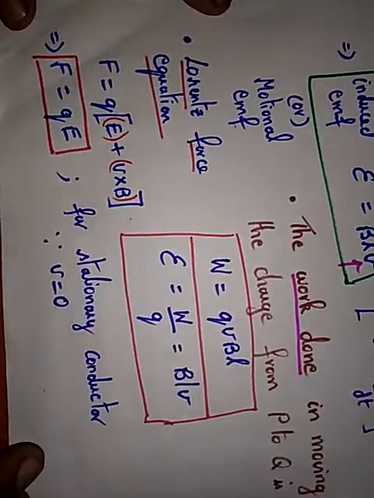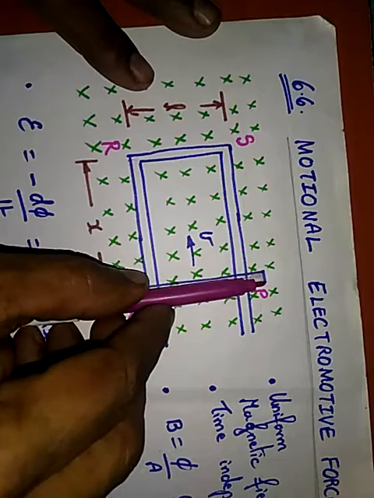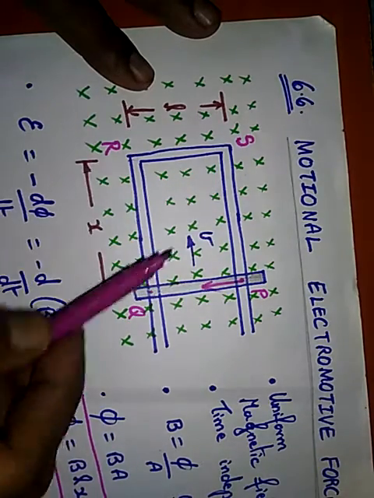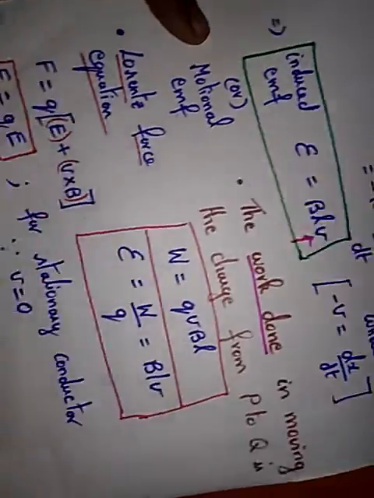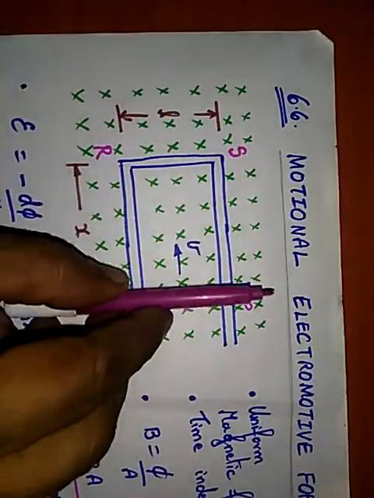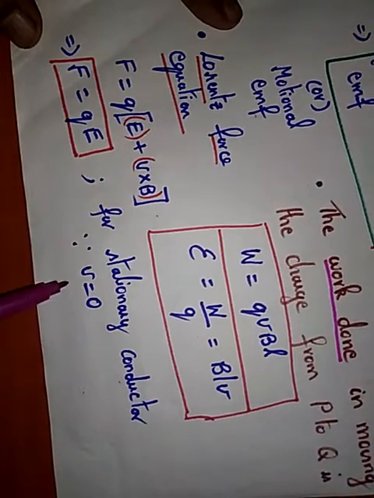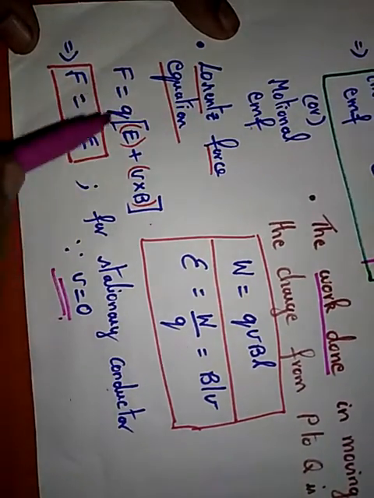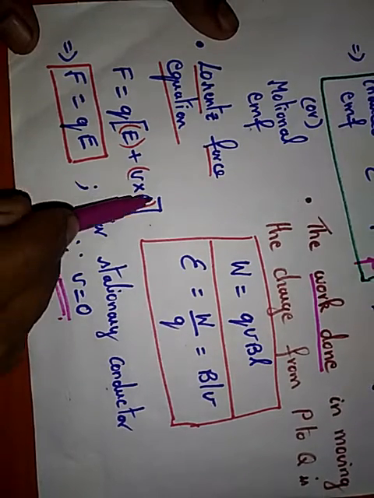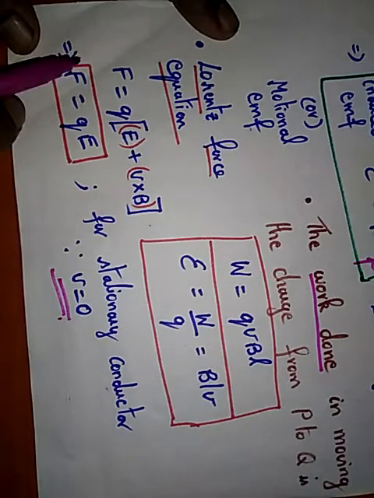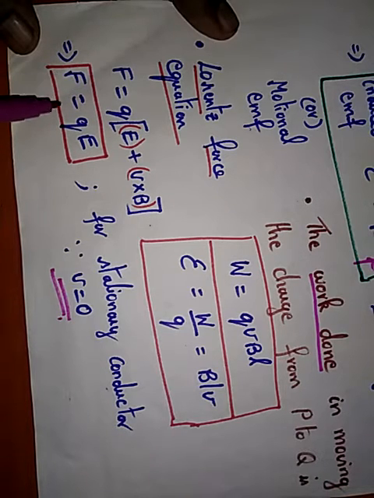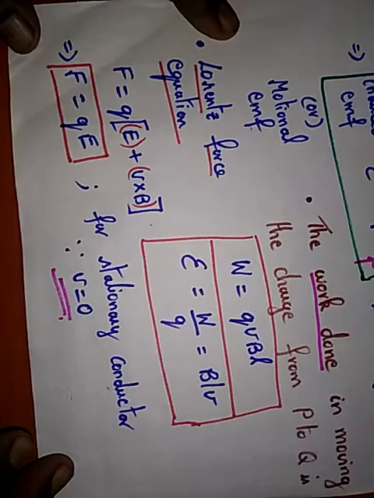Initially we assumed that this conductor is moving with a uniform velocity V. If the conductor is not moving, that is for a stationary conductor, there won't be any velocity, so in the Lorentz force equation the velocity is 0 and this term becomes 0. Ultimately the force is equal to charge multiplied by electric field. This is for a stationary conductor.